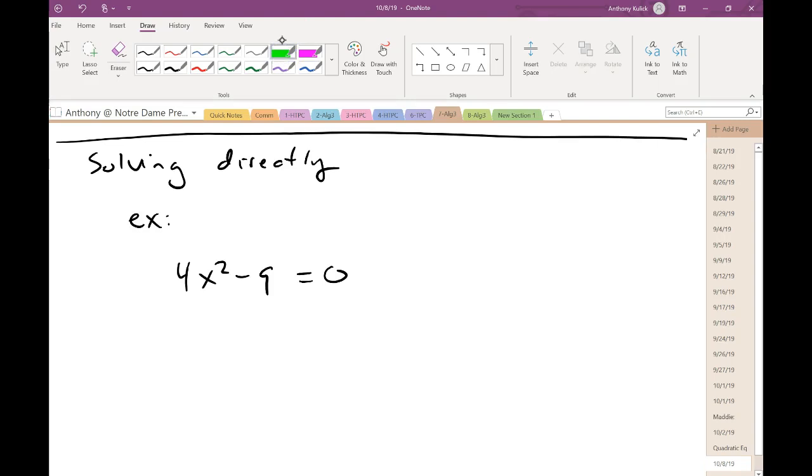if I look here, the left-hand side is clearly quadratic, right? Because I have an x squared. Notice, though, what's missing on the left-hand side is I have no plain x's. Do you guys see that?